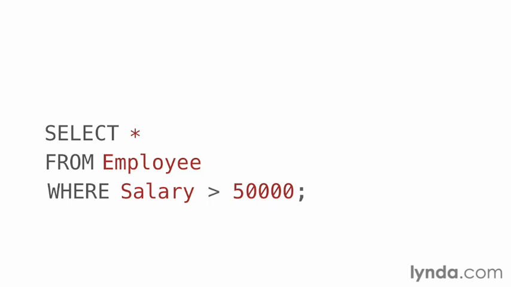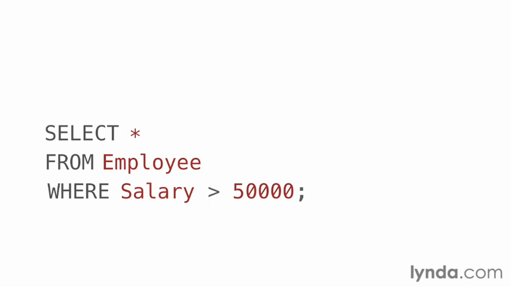Currently, I'm selecting everything from the employee table, but one question you might have is, what if you have multiple databases? How does it know which database this table is in? After all, I could even have several databases containing tables with the same name. If that's the case, I need to use not just the table name, but the name of the database itself in my SQL statement. Now, depending on where you're writing it, the database management system may assume that you're already pointing to a particular database.